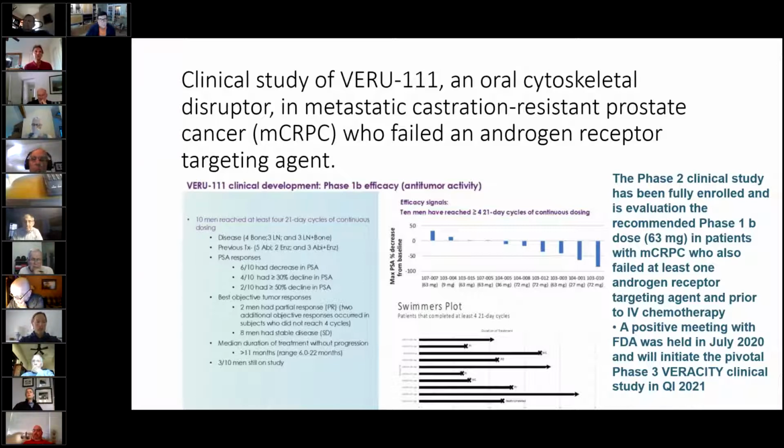So it will take the docetaxel and pump it out of the cell so it can't kill the cell. But this drug here, Veru-111, is not affected by these P-glycoprotein pumps. So the preclinical study showed that it had some efficacy against docetaxel resistance. I think those are in prostate cancer cell lines and also in preclinical models.